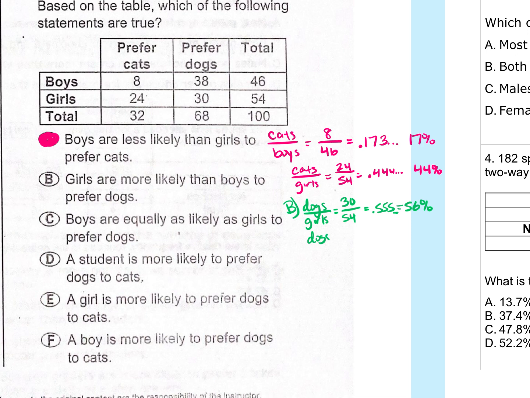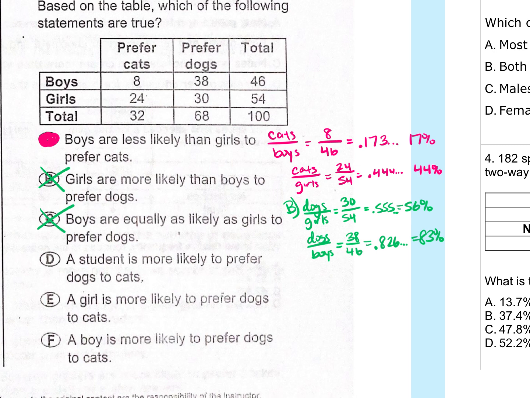Whereas boys that prefer dogs, there were 46 boys and 38 preferred dogs. That's a pretty high number, you can already tell. And it is 0.826, which is about 83%. So the statement was girls are more likely than boys to prefer dogs, but 83% of boys prefer dogs, so that's not true. C says boys are equally likely as girls to prefer dogs. Well, more prefer dogs, so that's not true.